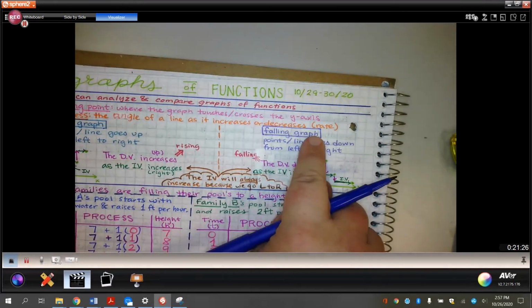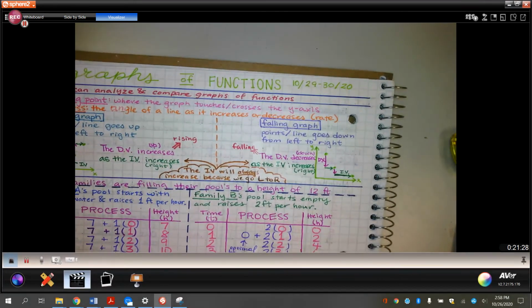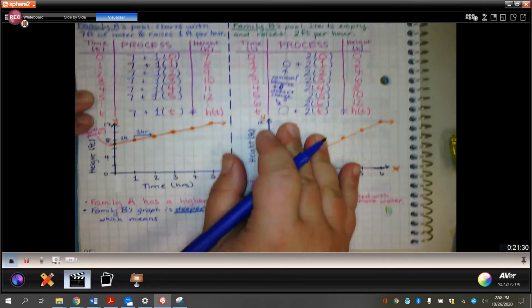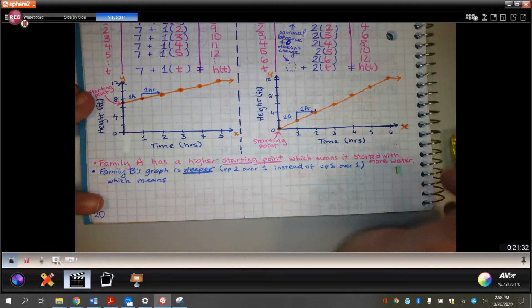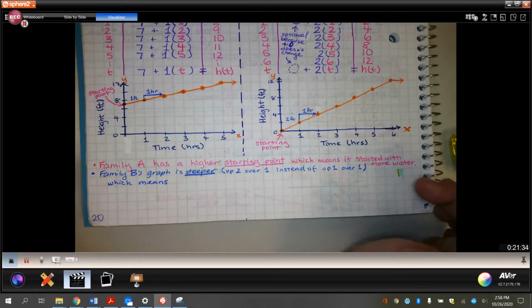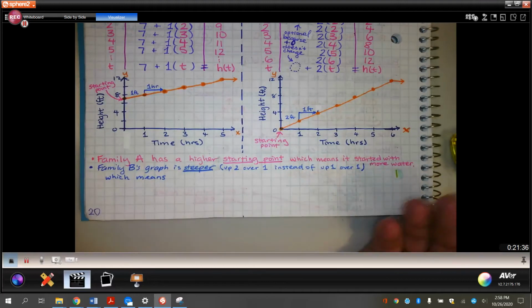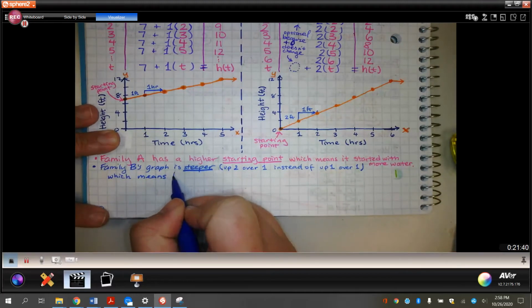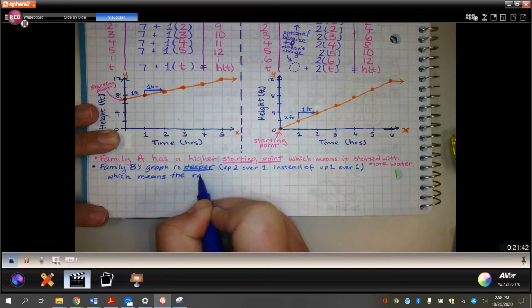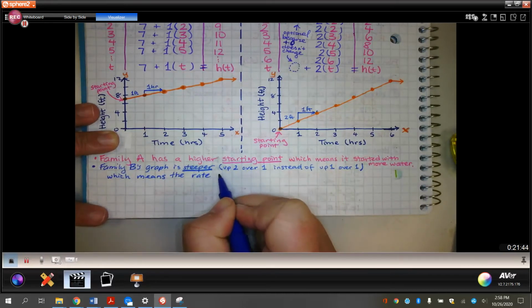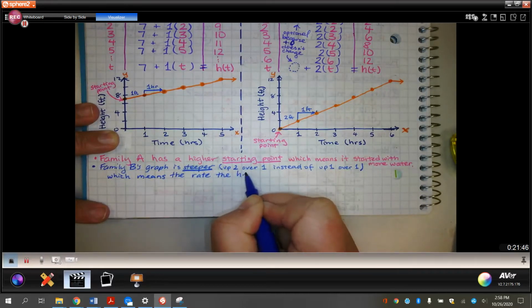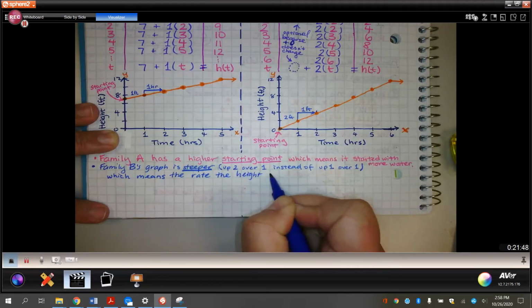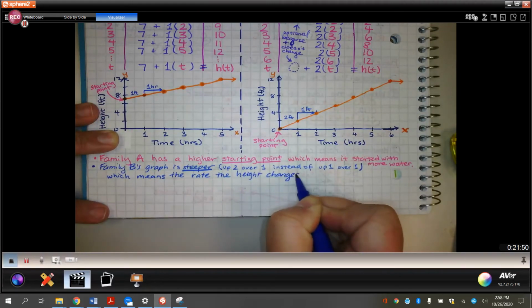So that means that the rate at which it's filling up is more, greater, or in this case we would say faster because it's in terms of time, which means the rate the height changes is faster.